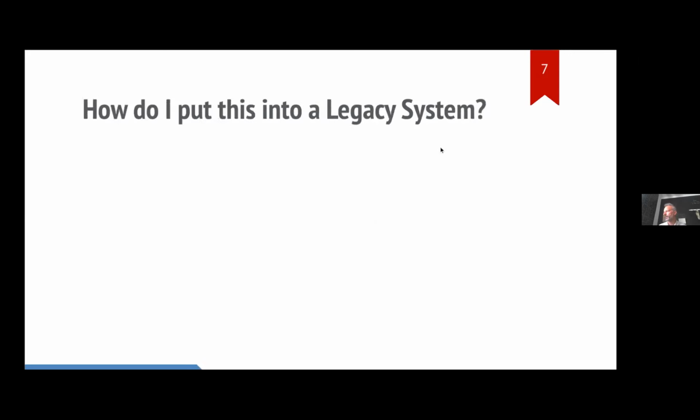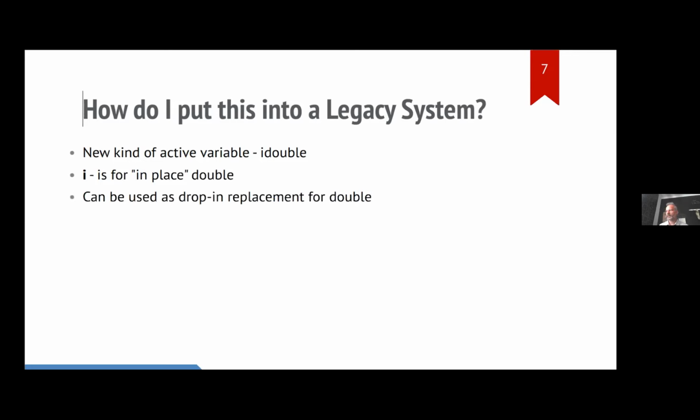So how do I use it in practice, when I have lots of old C++ lying around? Our active variable is different from anything you've seen before. Our active double we call idouble, and the I is for in-place double. It can be used simply as a drop-in replacement for double.